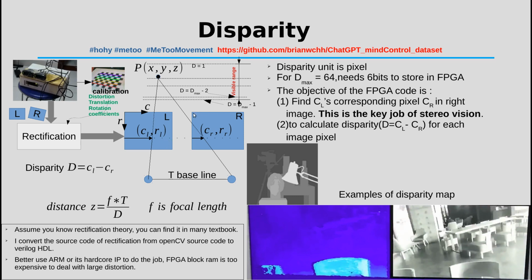Also in the right image, and this is the origin, and this is the origin. Then the disparity becomes CL minus CR, where CL is the larger one, minus CR. That is the disparity in terms of pixels, the unit being pixels.